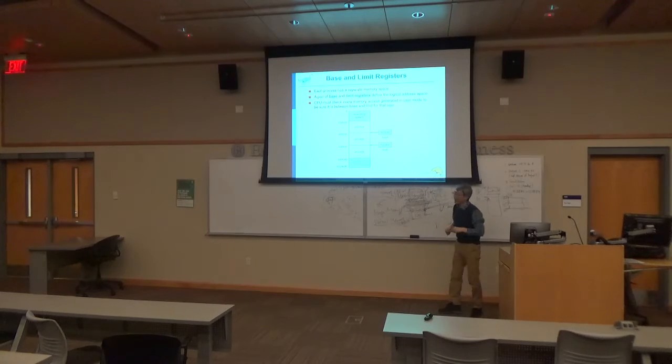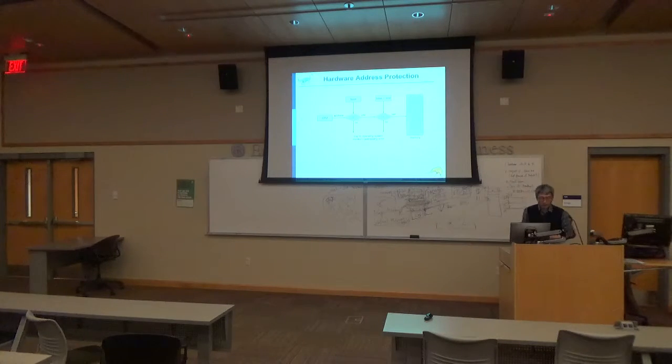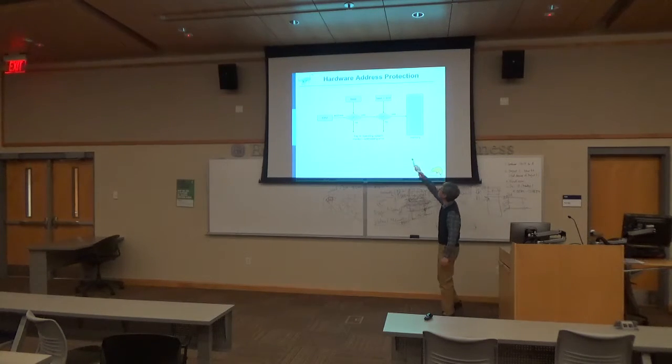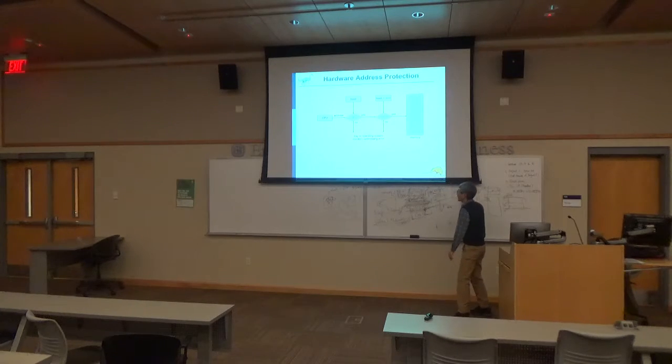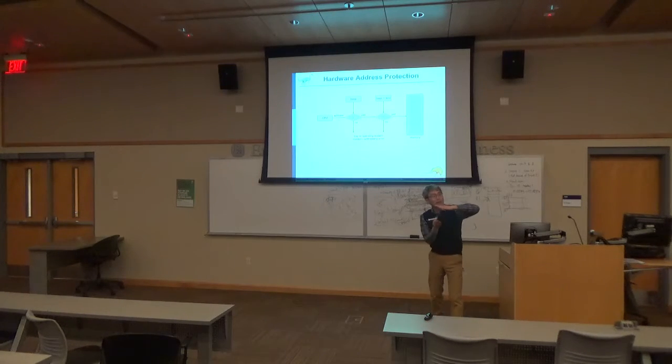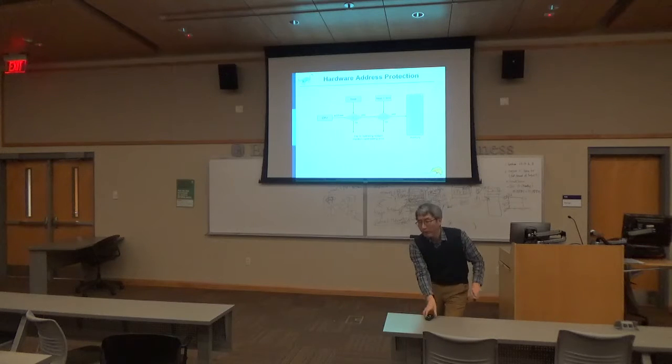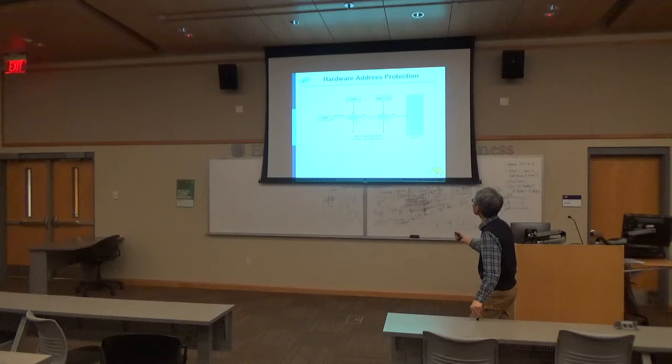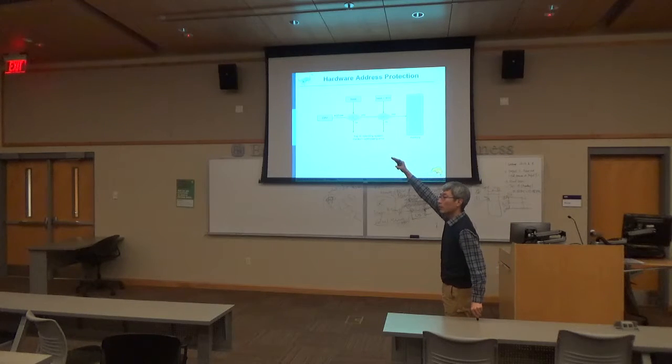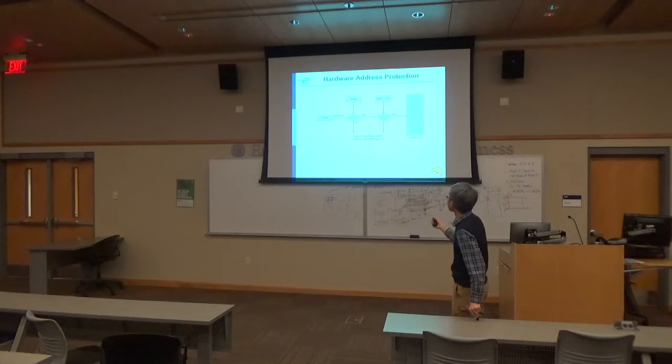So which means whenever we have the address, the program counter, check whether this address is bigger than the base and less than base plus limit, which means the highest memory address is the size.